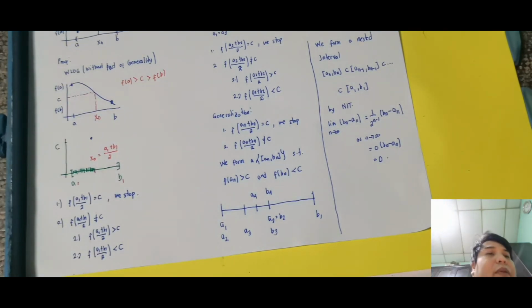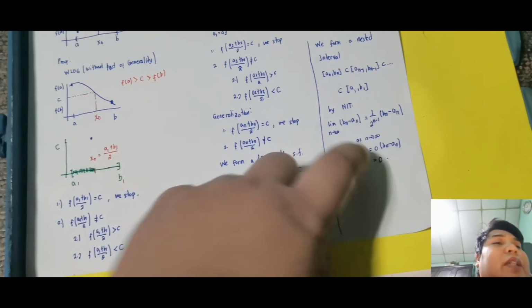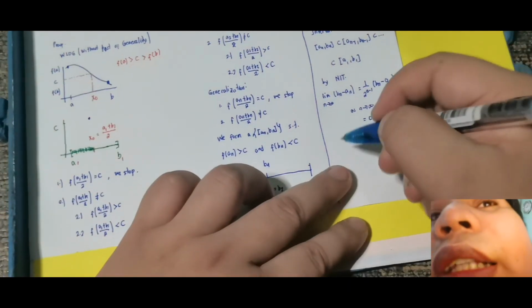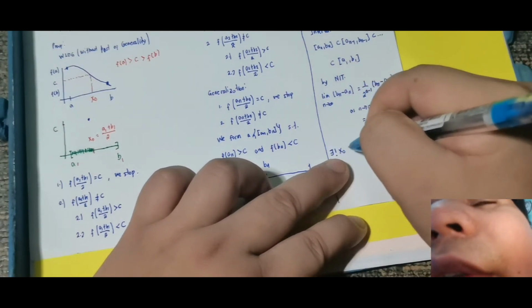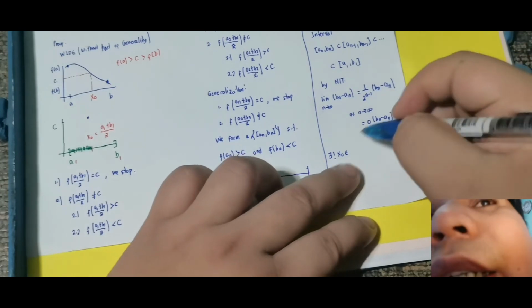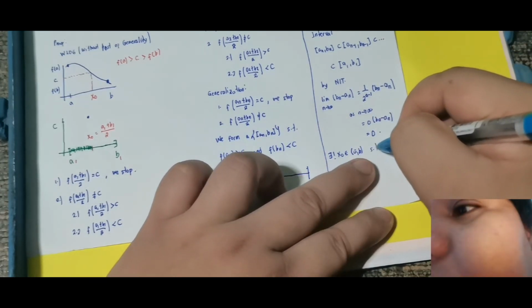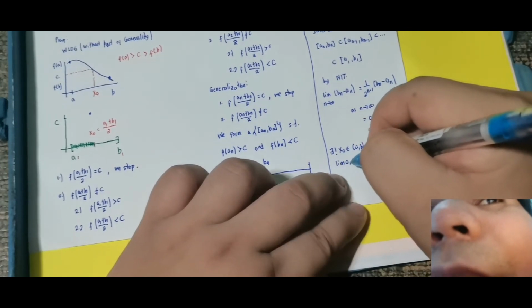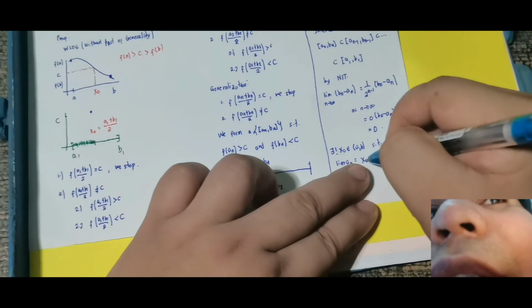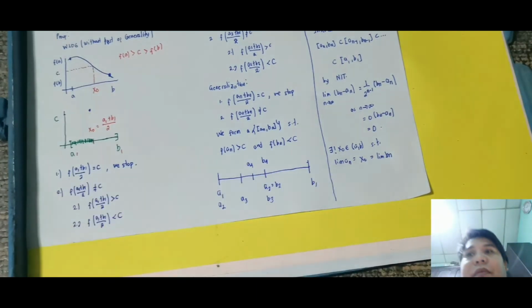Ngayon, since nagawa natin yan, so sabi nga ni NIT, since yung limit ng B sub n minus A sub n is equal to 0, so there exists a unique x-naught. So, there exists a unique x-naught element nung interval AB natin. Okay, such that yung limit nung A sub n is equal to x-naught is equal to the limit of B sub n.